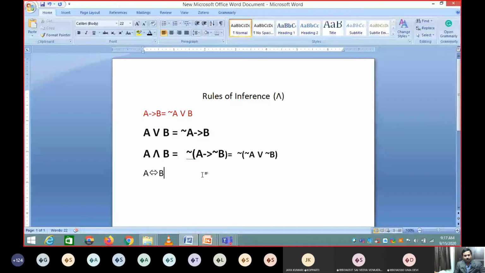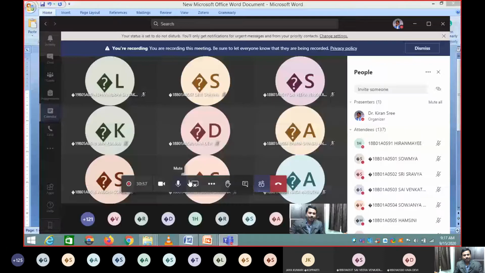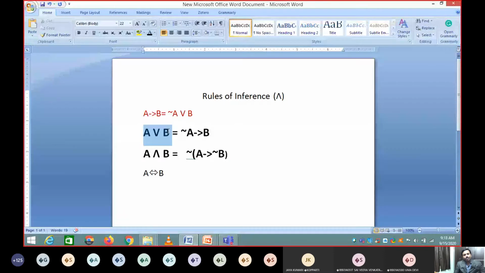Can somebody tell me why I am converting these ANDs and ORs in terms of implications? I need some response.